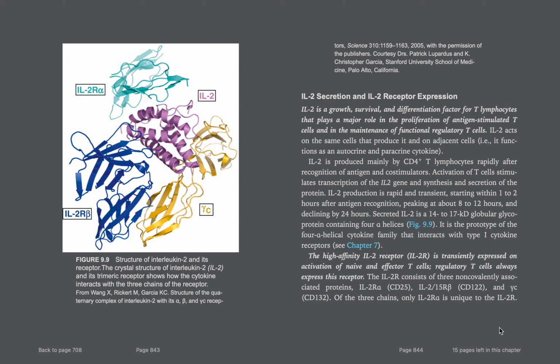Regulatory T cells also express this receptor. The interleukin-2 receptor consists of 3 non-covalently associated proteins: the interleukin-2 R alpha, CD25; interleukin-2 R beta, CD122; and gamma C, CD132. Of the 3 chains, only interleukin-2 receptor alpha is unique to the interleukin-2 receptor.